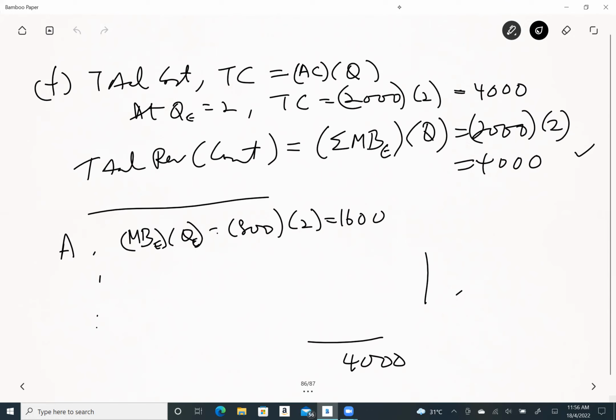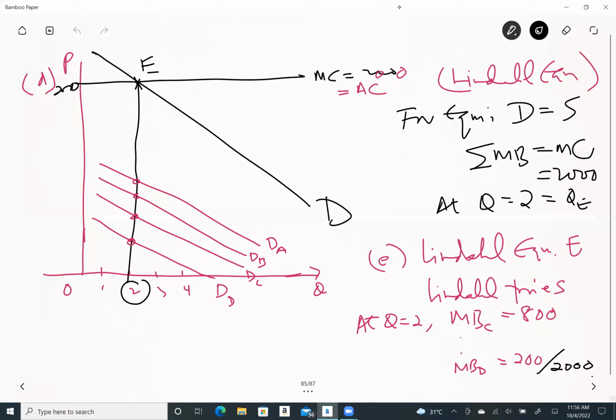But the contribution, the revenue, will be different. So if we put in the tax, 2,000 divided by 4 is 500. So 500 is somewhere here.